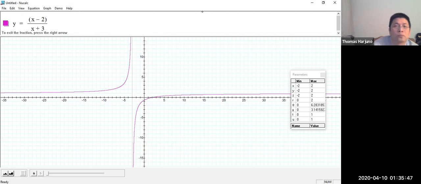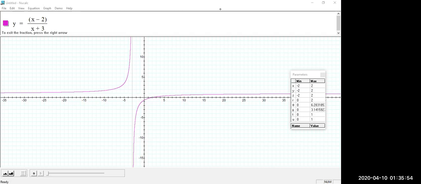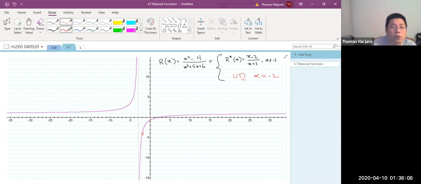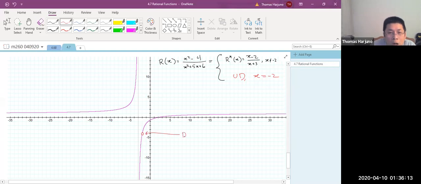Okay? This is the R(x). Now, maybe I put a note here. R star of x has no hole here.